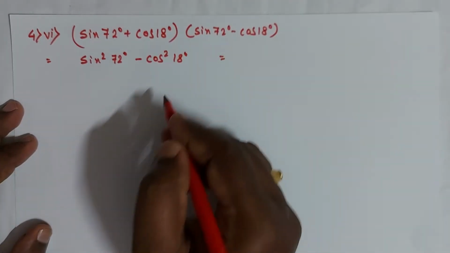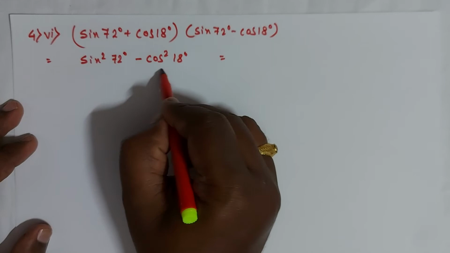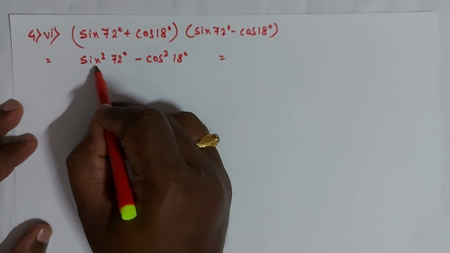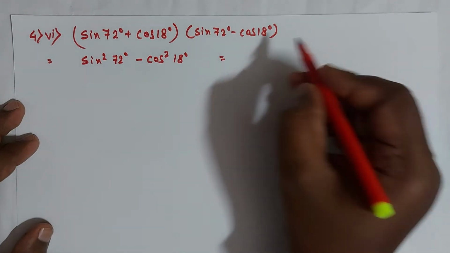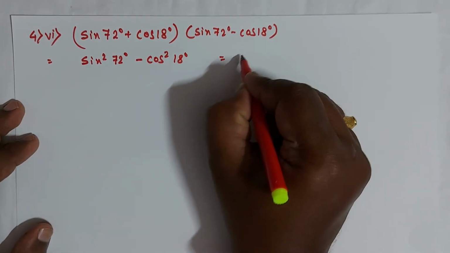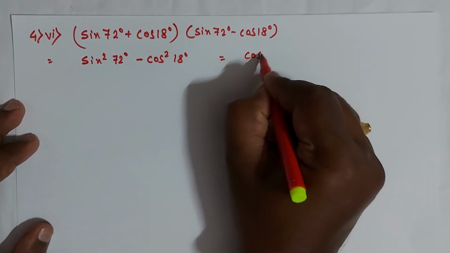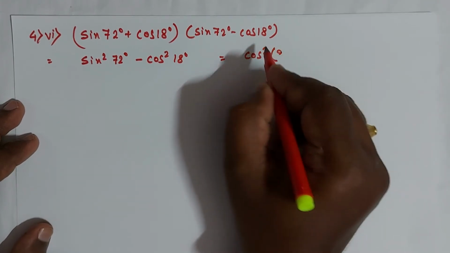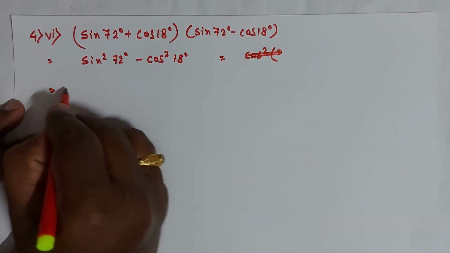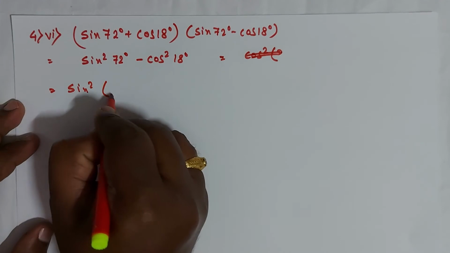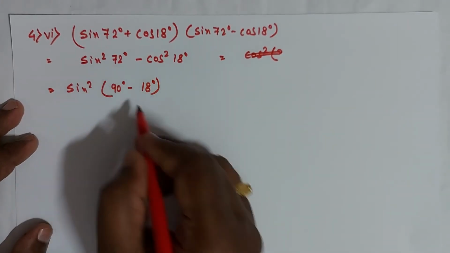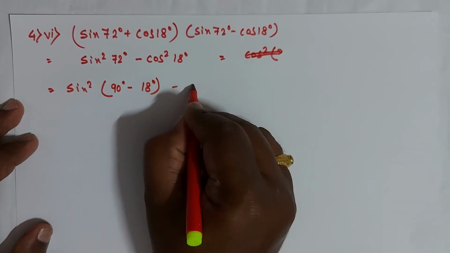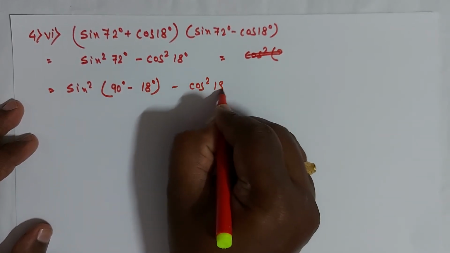After that, we will convert either this cos into sine or this sine into cos. Let's convert this sine into cos. So sine square 72 degree, we split it up into sine square of 90 degree minus 18 degree, and this is cos square 18 degree.